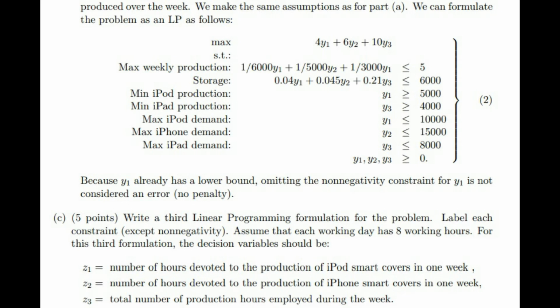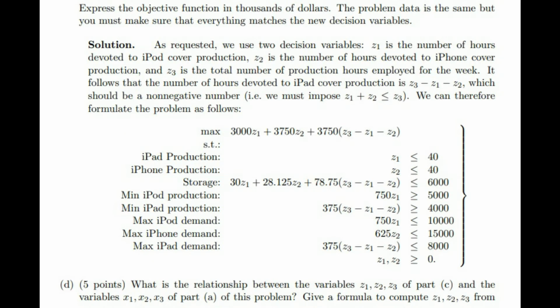For this third formulation, the decision variables should be Z1 equals the number of hours devoted to the production of iPod smart covers in 1 week, Z2 equals the number of hours devoted to the production of iPhone smart covers in 1 week, and Z3 equals the total number of production hours employed during the week. Express the objective function in thousands of dollars. The problem data is the same, but you must make sure that everything matches the new decision variables.